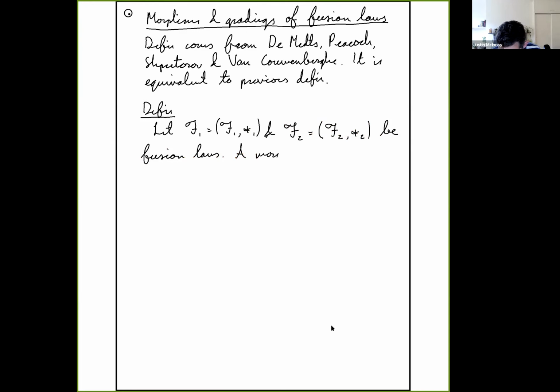A morphism of fusion laws, well, what should this be? It should be the obvious thing. It should preserve the multiplication.